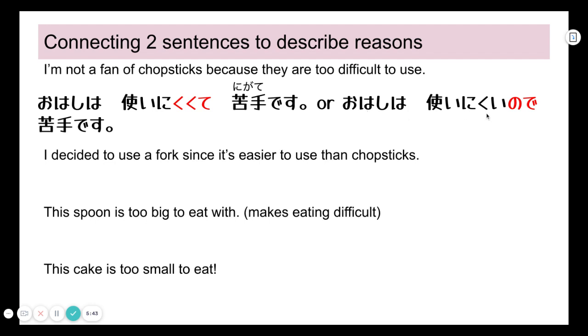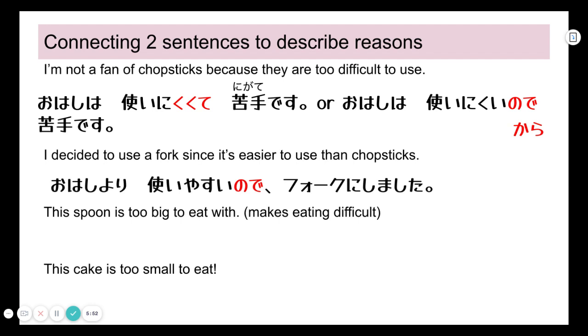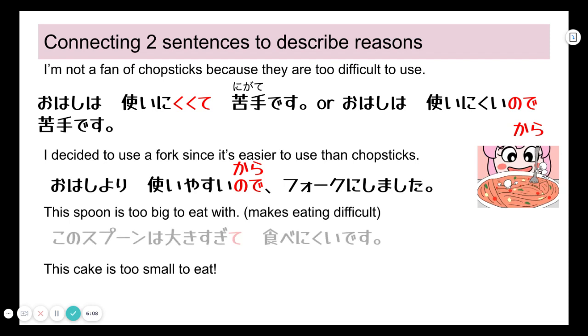Or お箸は使いにくいので苦手です. Or you can even do 使いにくいから苦手です. I decided to use a fork since it's easier to use than chopsticks. お箸より使いやすいのでフォークにしました。使いやすいから, yeah? Like this. The spoon is too big to eat with. このスプーンは大きすぎます.